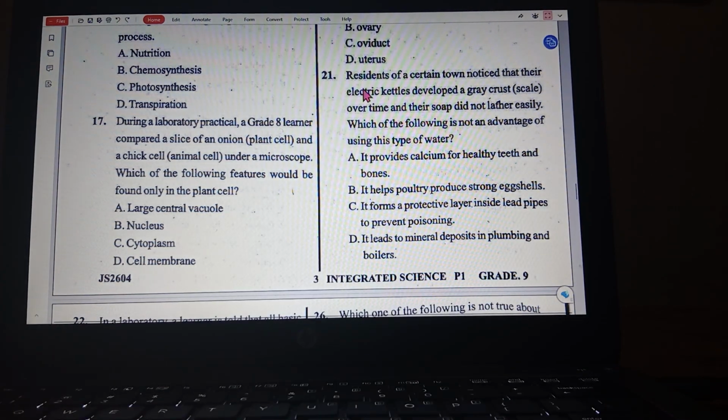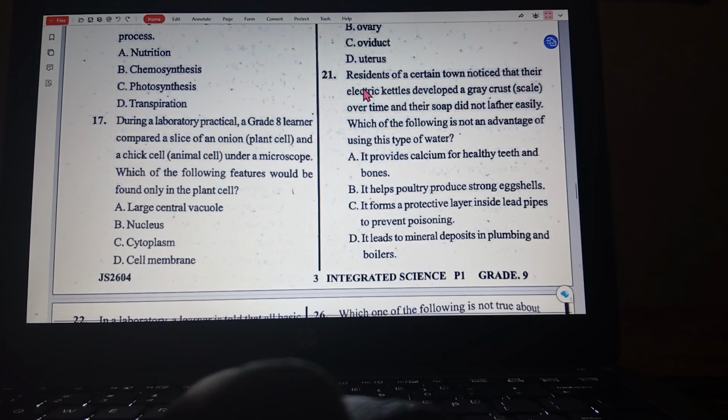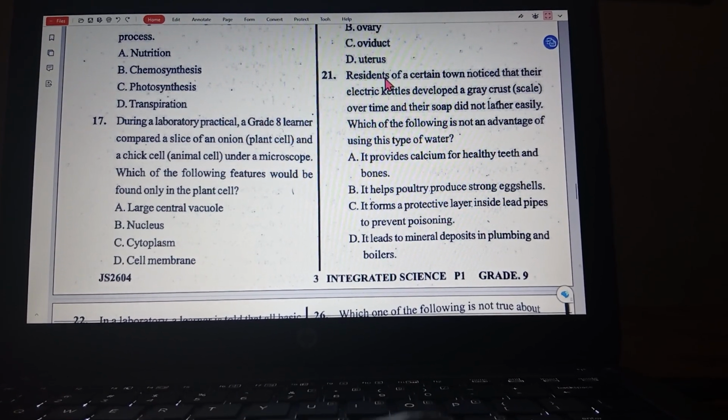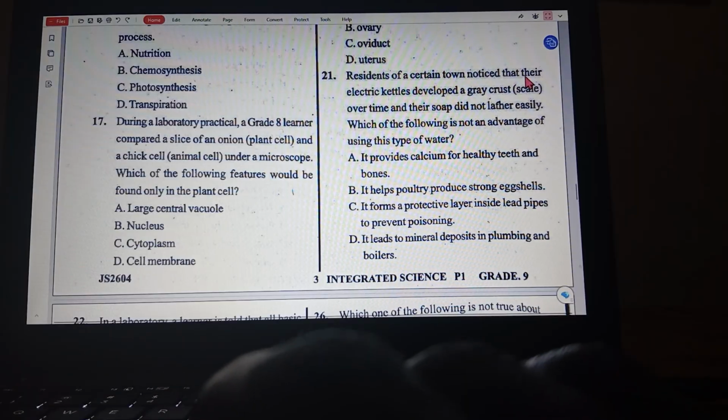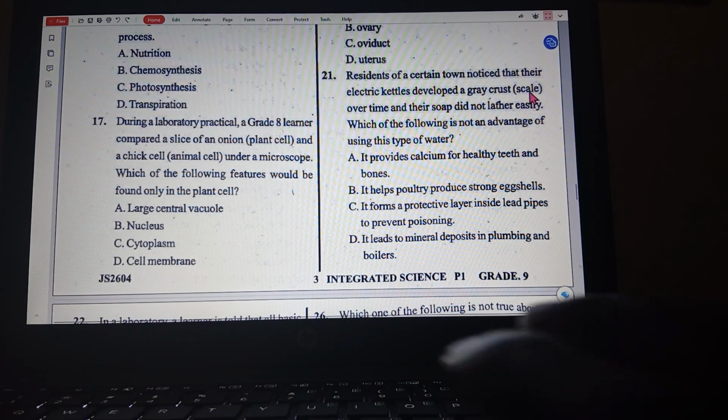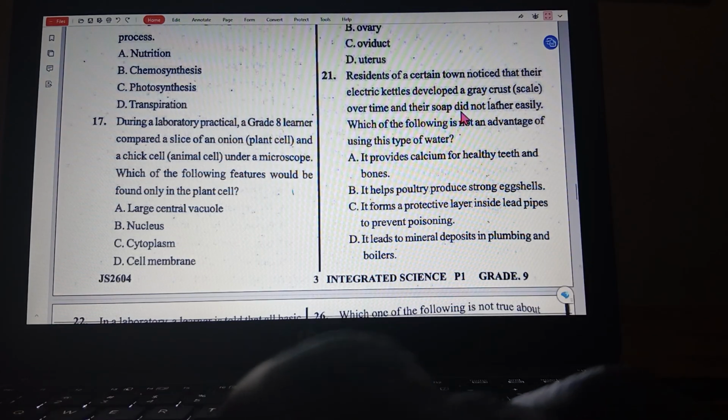Question 21. Residents of a certain town noticed that their electric kettles developed a gray crust, a scale, over time, and their soap did not lather easily.